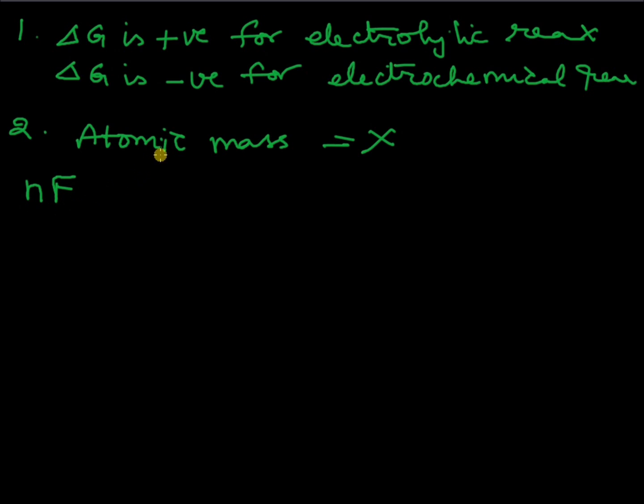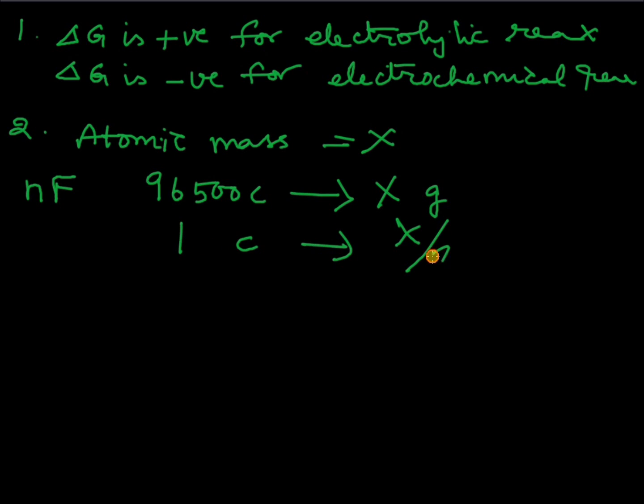Now, this is said to be a monovalent metal. Hence, when you pass 96,500 coulombs, that is 1 Faraday of charge, you will be depositing 1 gram atom of the element, that is X grams. So, when you pass 1 coulomb of charge, it will be X by 96,500 grams. It is as simple as that.